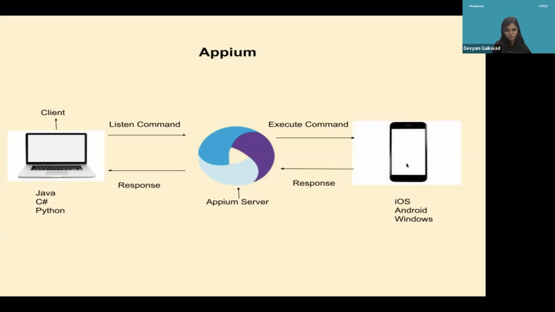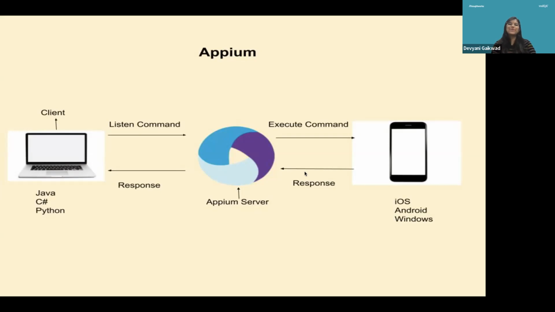So it usually connects with UI Automator for Android, via which your commands will flow. For iOS, it is UI automation. Via that, your commands will flow to iOS. When the APM server is continuously sending commands, UI Automator and UI automation will process the commands into the respective iOS and Android device, and then send the response back to the APM server.